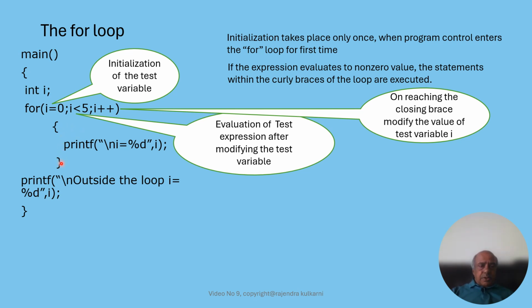When the program reaches the closing brace of the loop, it will go back, increment the test variable, and evaluate the expression. If the expression is true, again the statements within the loop are executed. Once the condition becomes false, the program comes out of the loop.